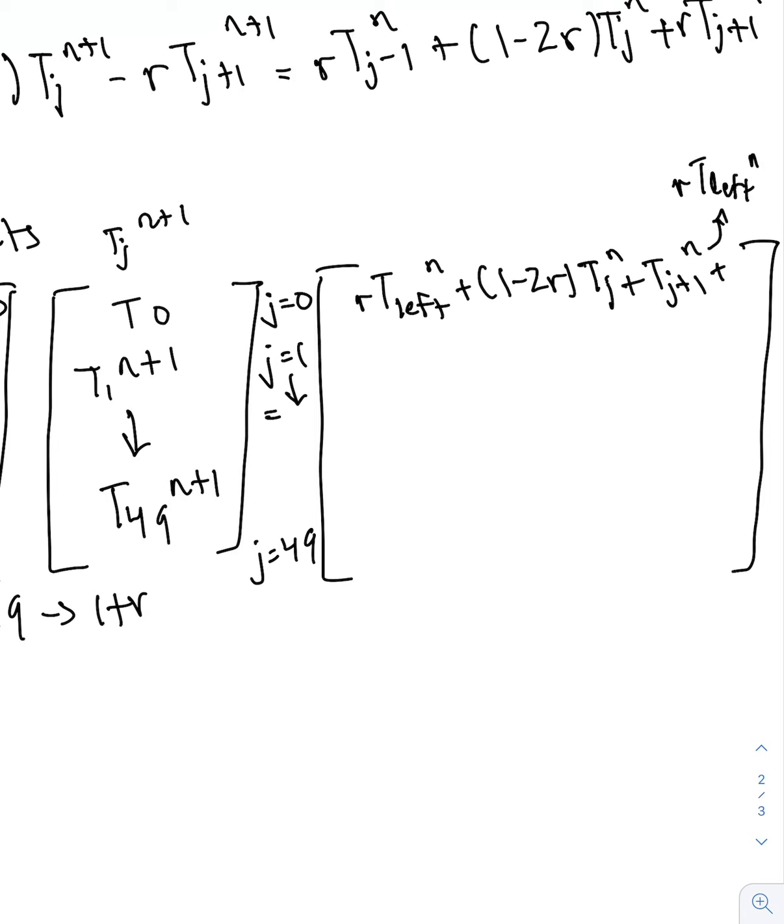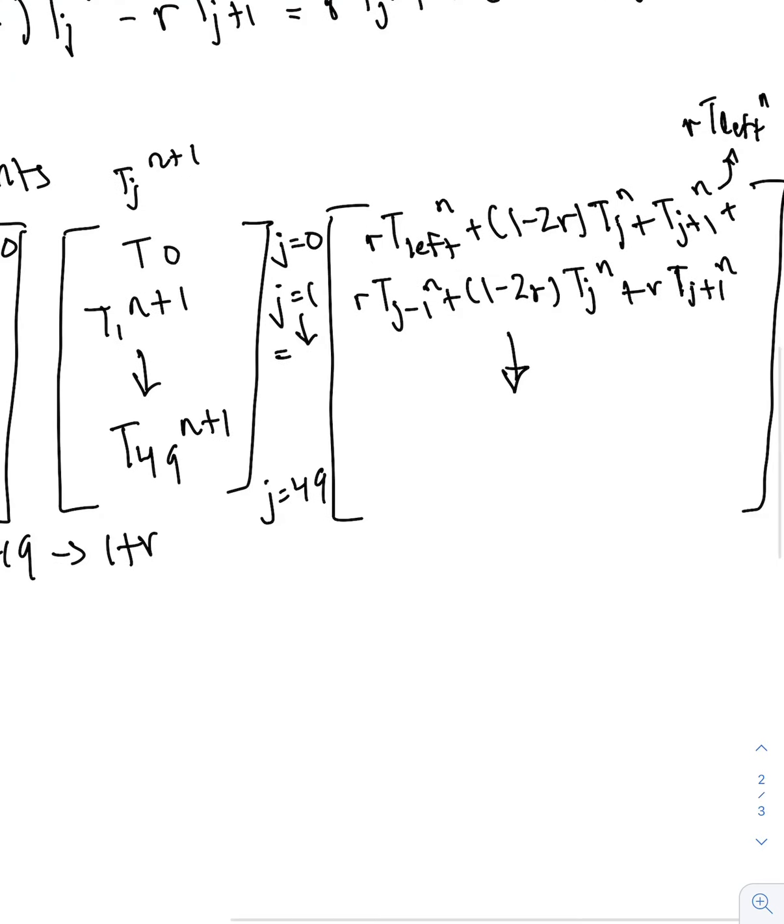And then for j equals 1, we're going to have r Tj minus 1 to the n plus 1, minus 2r Tj to the n, plus r Tj plus 1 to the n. And that is going to continue downwards until we hit j equals 49.